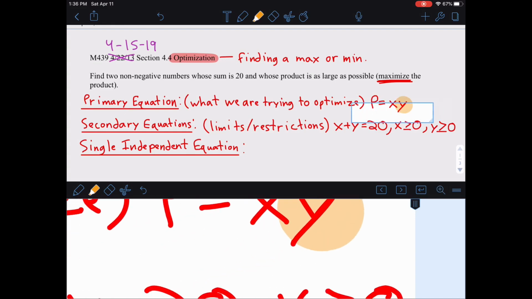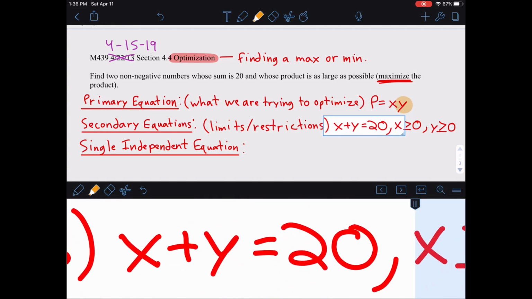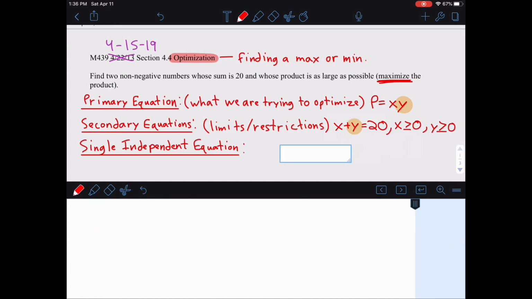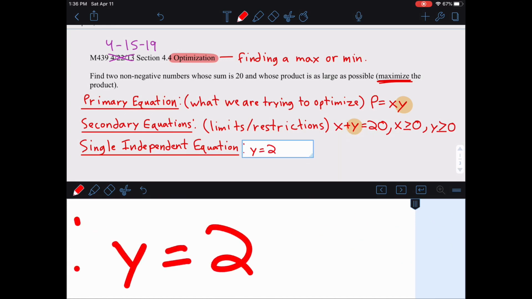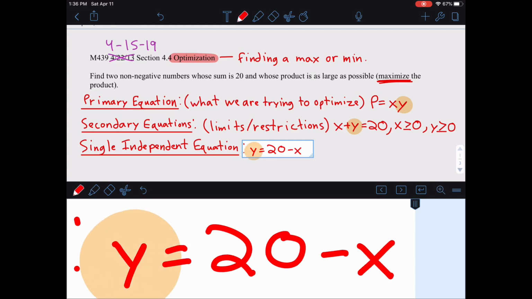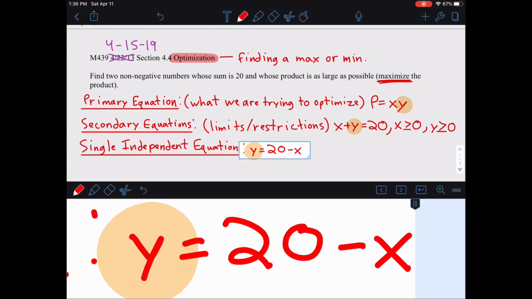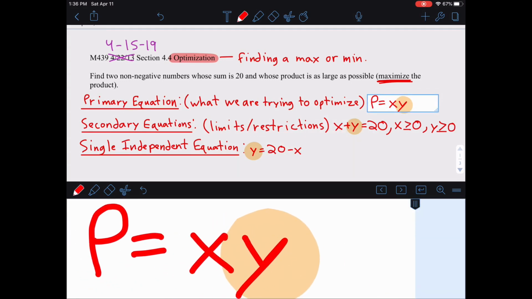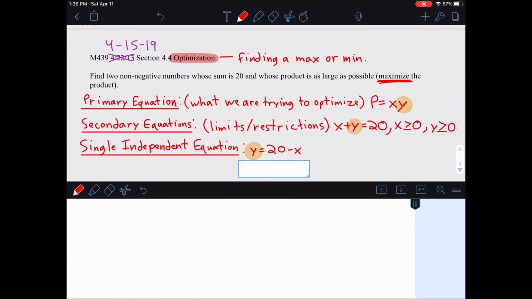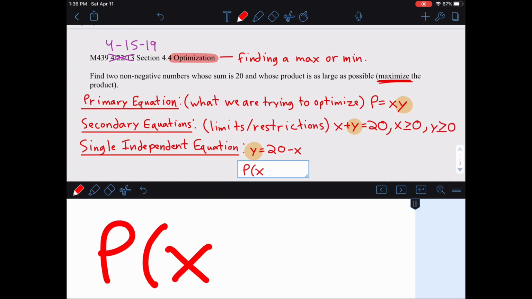And so what we do is we go to our secondaries, right? And I look right here and I go, hey, x plus y equals 20. I can solve that equation for y, and I get y equals 20 minus x. And what I can do now is take this value for y, plug it into my primary equation, and now I'm going to get a primary function.